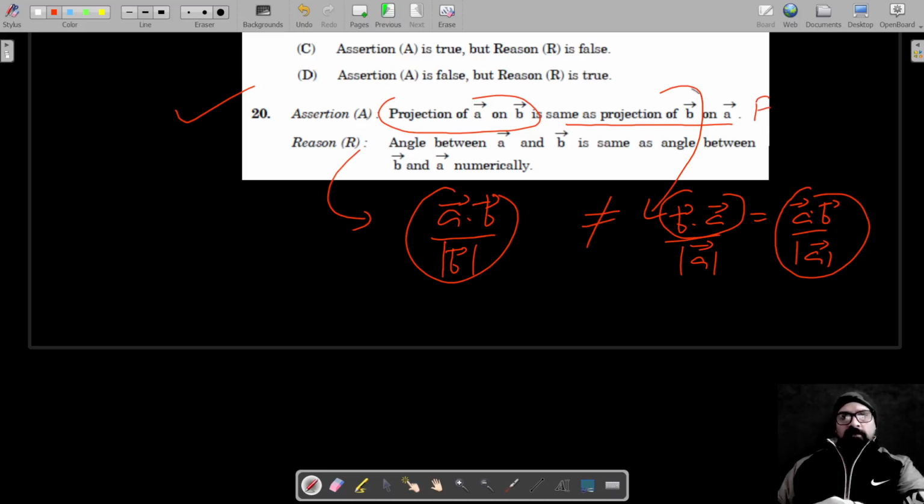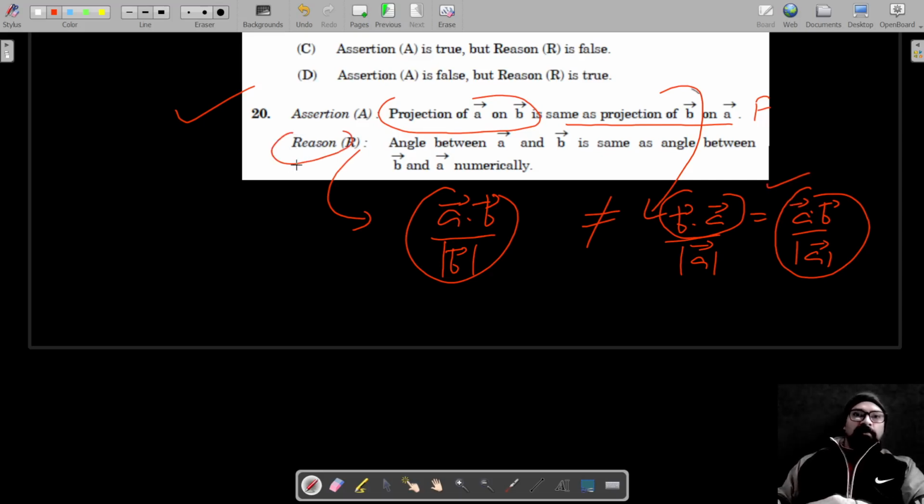And let's check now the reason. The projection of A on B is A dot B divided by the magnitude of B, and the projection of B on A is B dot A divided by the magnitude of A, which becomes A dot B divided by the magnitude of A, because A dot B is equal to B dot A, which is commutative.